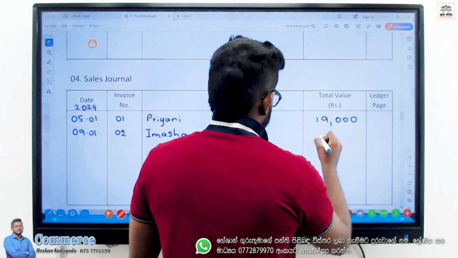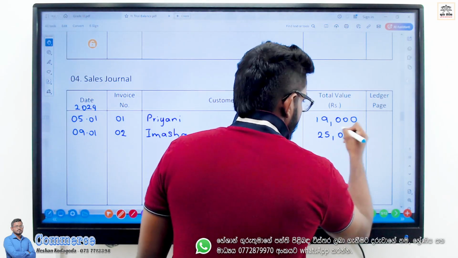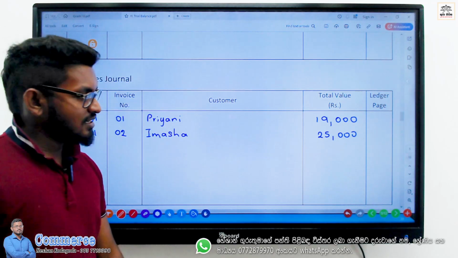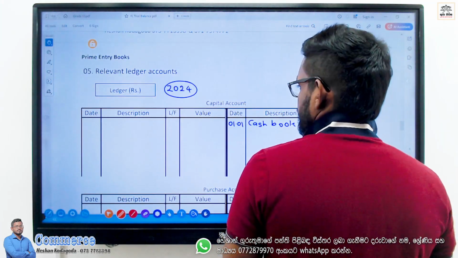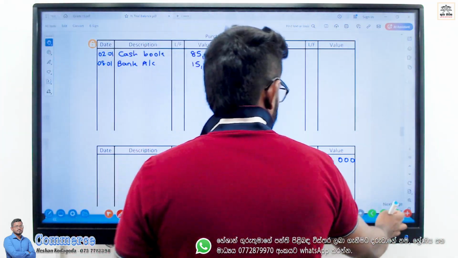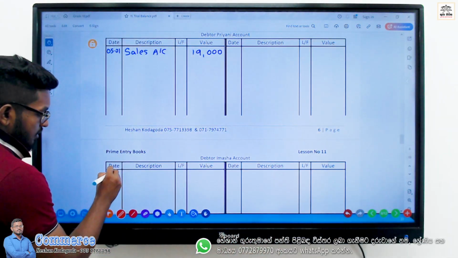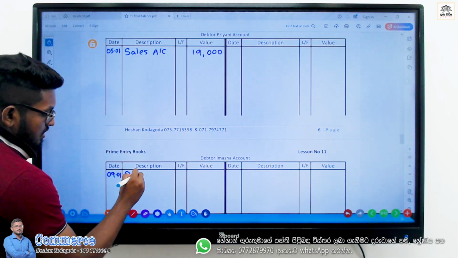25,000. Right? Okay. Done? Go to the debtor Imasha account. Debit it. 9th of January, sales account.